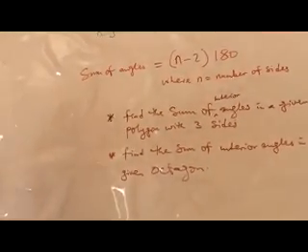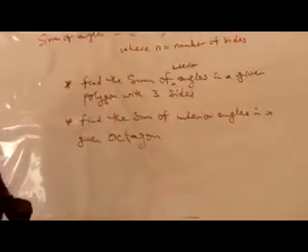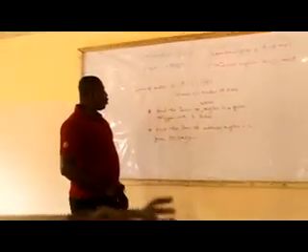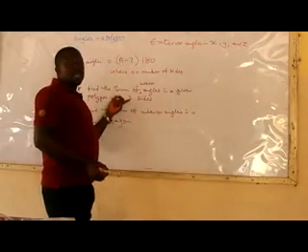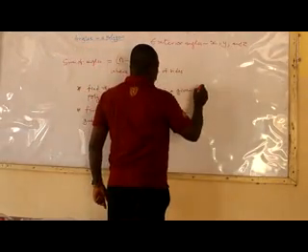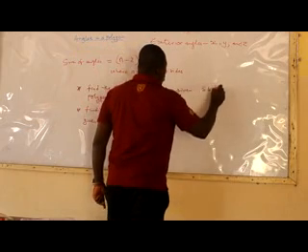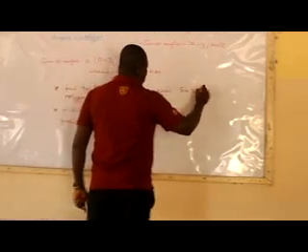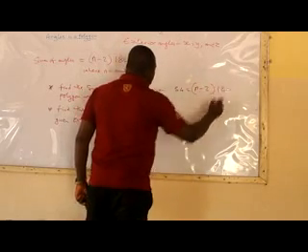When you are doing something like this, just use the relation we introduced. To solve this one, find the sum of interior angles in a given polygon with 3 sides. That means the number of sides has been given to us as 3. So we say sum of angles is equal to n minus 2 multiplied by 180.